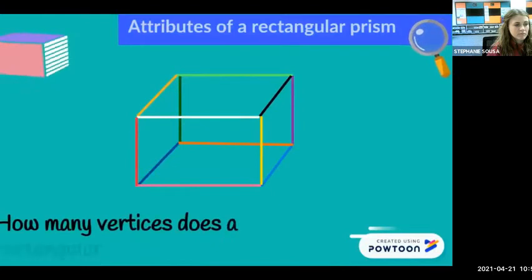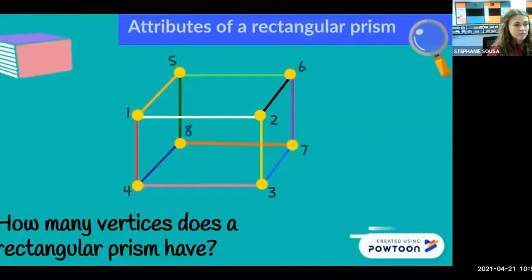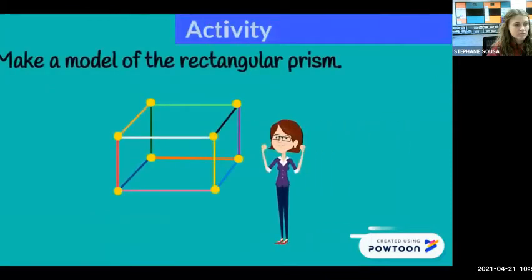The rectangular prism has 12 edges. What about the number of vertices? Let's count together. 1, 2, 3, 4, 5, 6, 7, 8. It has 8 vertices. I think you are ready to make a model of the rectangular prism.